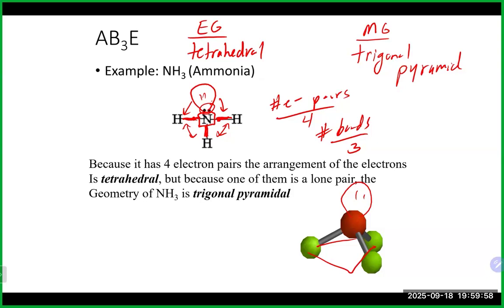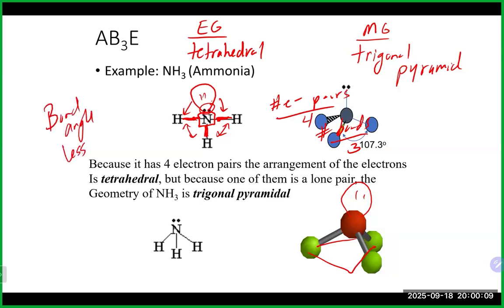And that's going to give us a bond angle that's less than the tetrahedral one, less than 109.5. So the bond angle here is less than 109.5. And you can see here it's actually 107 or so in NH3 is the actual bond angle for this particular one.